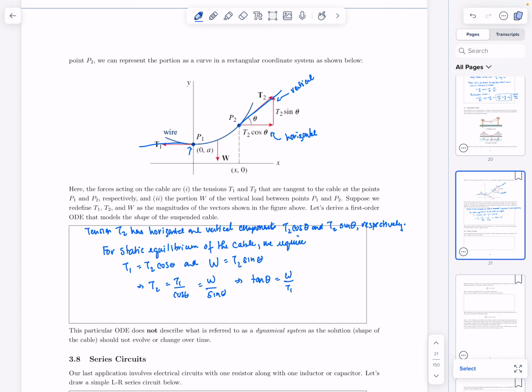But we know something geometrically. We know that tangent theta, which would be sine over cosine there, would be the same as the derivative at that point, right? Which is given by dy/dx. In other words, the derivative is always the slope of the tangent line.